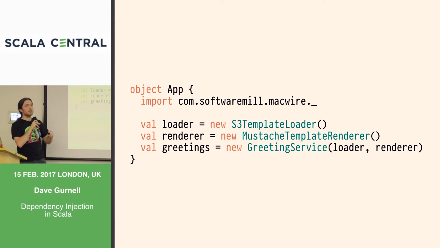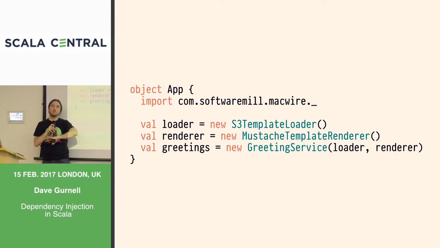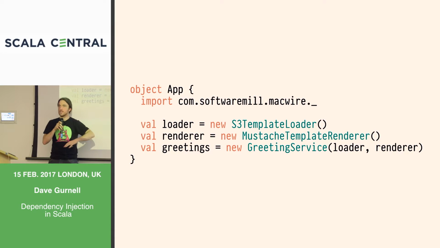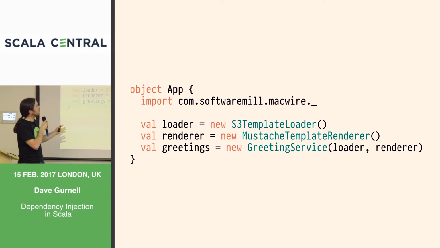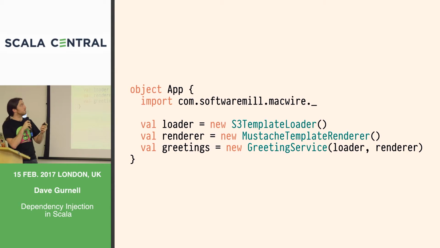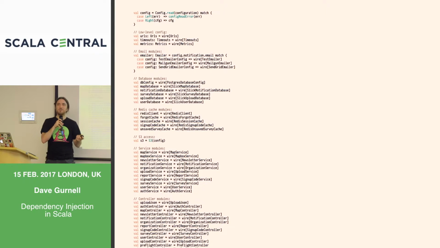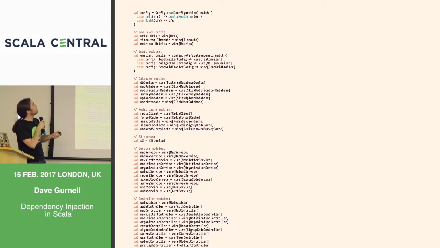So it's a little bit like implicit resolution there, but it's not. It's a separate thing. It scans through your local scope for you. And so it's kind of cool, I think, because really it's doing very little. There is more to MacWire than this, but at its core, it's doing very little. If you look at that same application we had earlier, this is now what the dependency injection looks like with MacWire.